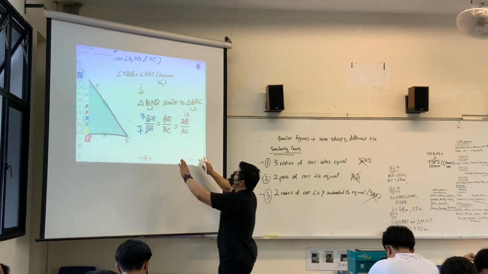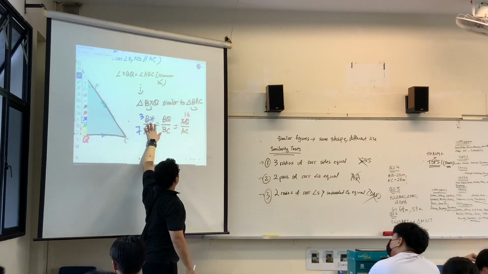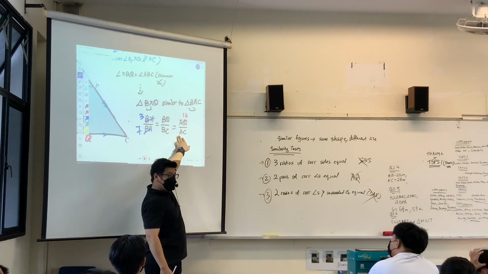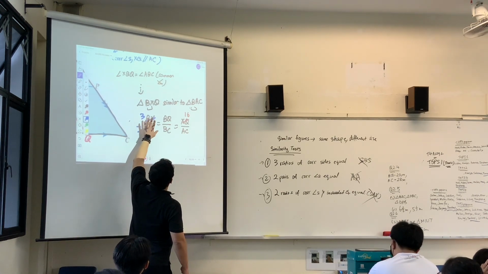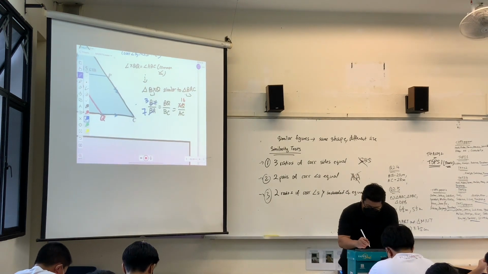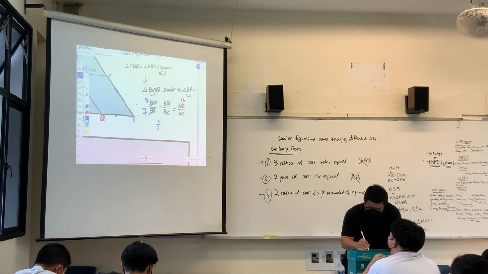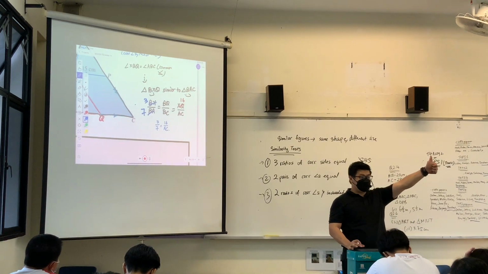Now you just use these two. Can you find AC? You all follow me so far? 3/7 equals 16 over AC. You can find AC.